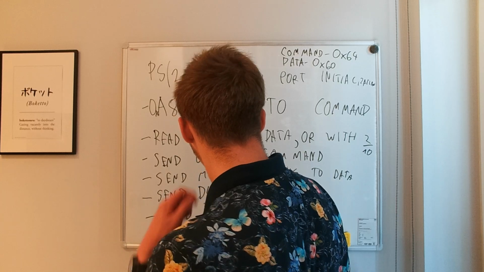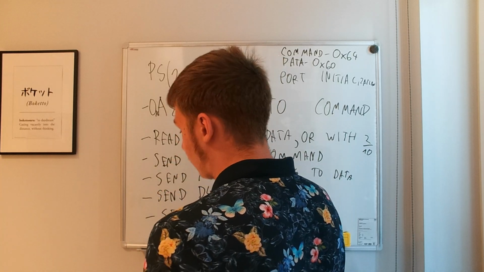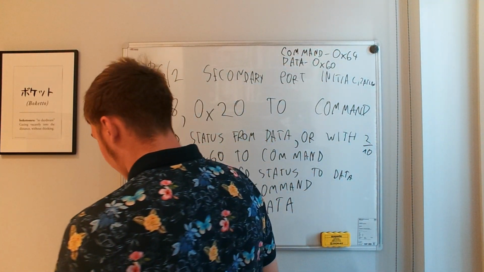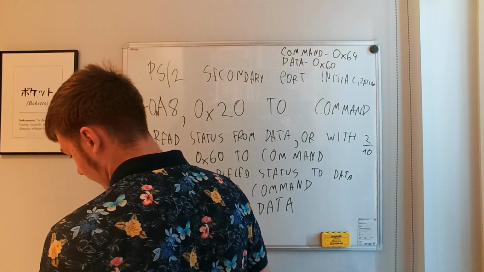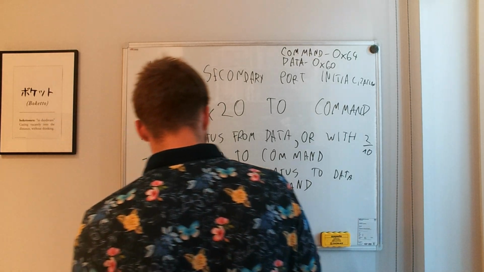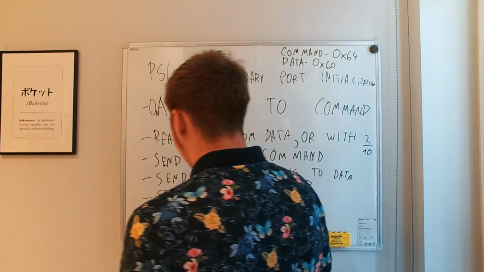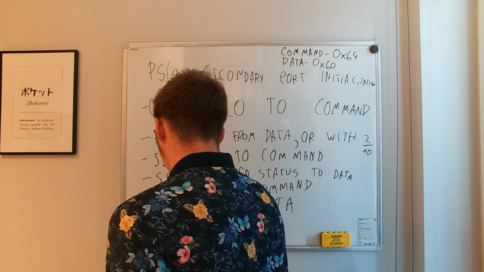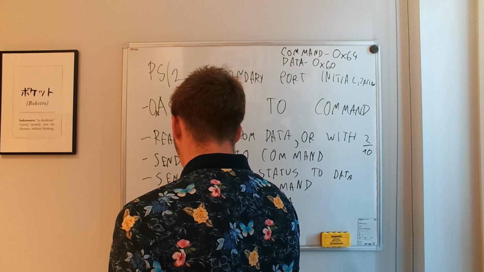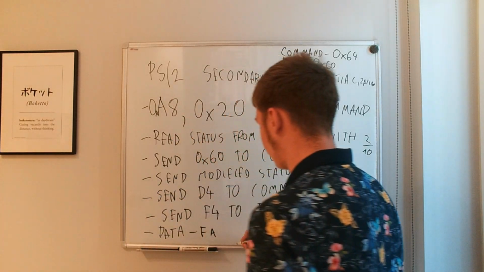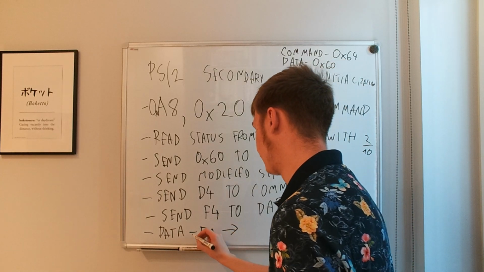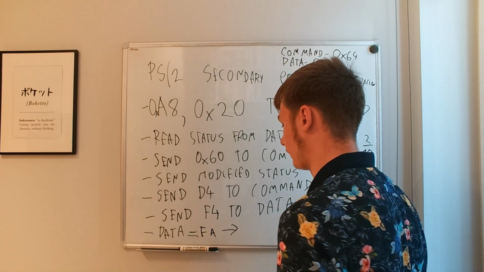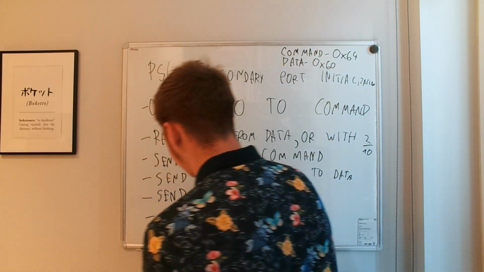It is also good to check if all of this has been done correctly, and this can be done by checking the data port. And if the data port is FA, then this means, if the contents of the data, I don't really like this notation.